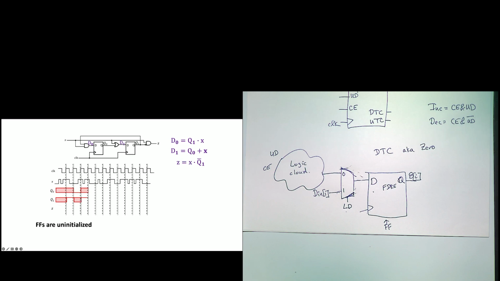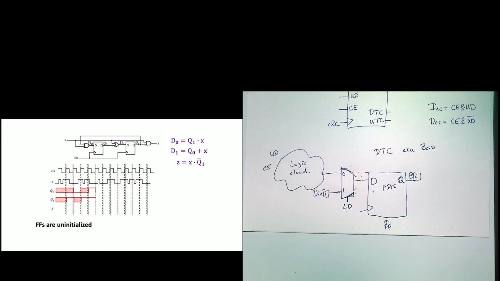Okay, how about the next clock edge? This time, let's see, Q1 is 1 and X is 1. 1. Okay, Q0 is still unknown, but X is 1. 1. Okay. And now there are no more unknowns to be passed around. Q0, Q1 are known, and X is known, so you should never have any more unknowns.